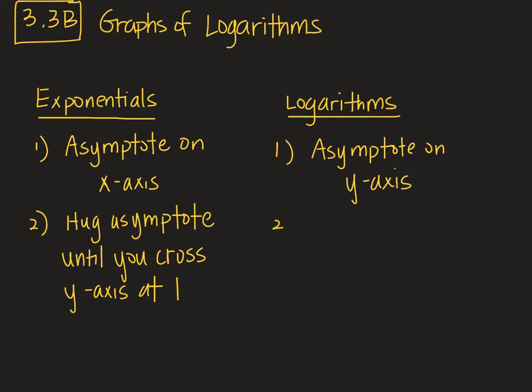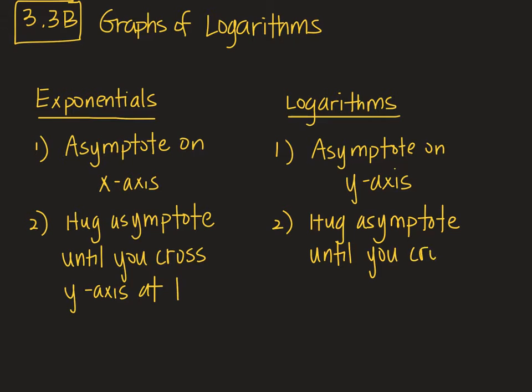All right, number 2. So for logarithms, same thing. You hug the asymptote until you cross, now what axis do you think? The x-axis at 1. Okay, so you hug the asymptote until you cross the x-axis at 1.